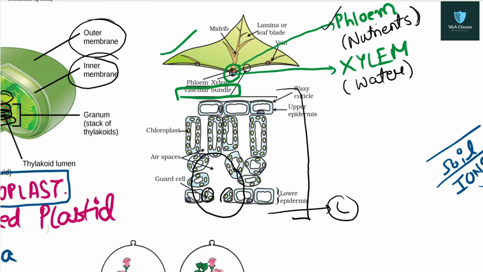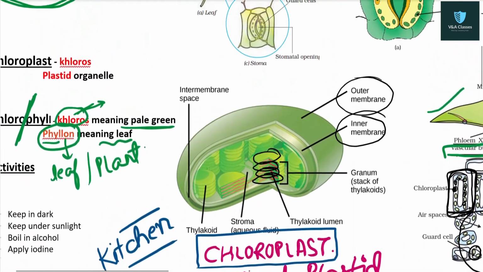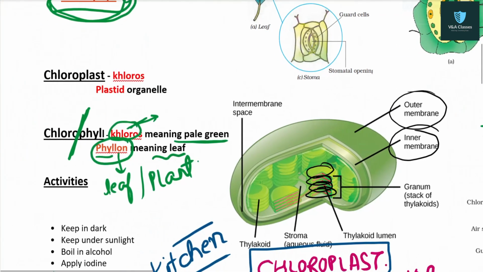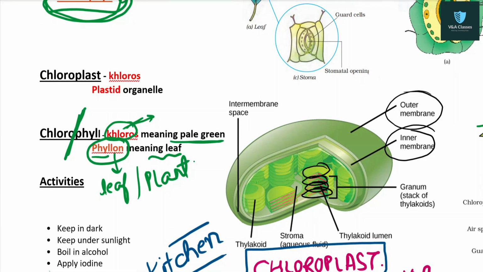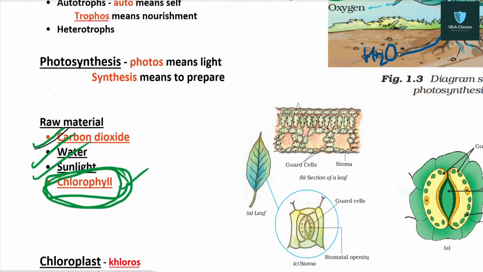These are the guard cells, and here we can see the chloroplasts. These green organelles are the chloroplasts. These chloroplasts contain the chlorophyll, which helps in absorption of sunlight. So we have seen all the four raw materials and how they are obtained.